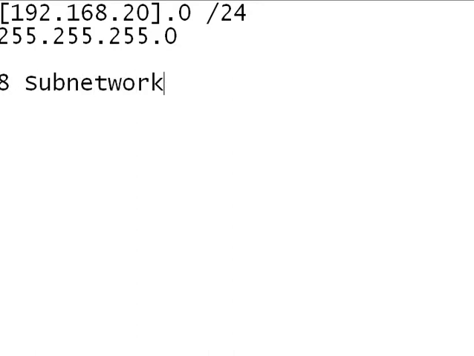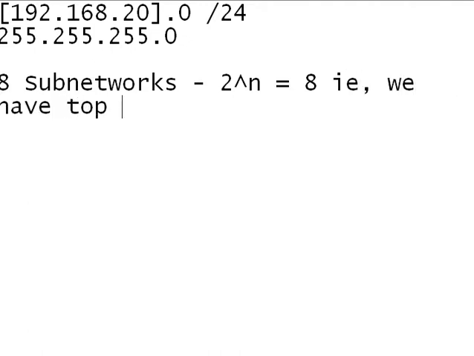If I want to create 8 subnetworks, the formula is 2 to the power n equal to 8. That is, we have to borrow 3 bits from the host.